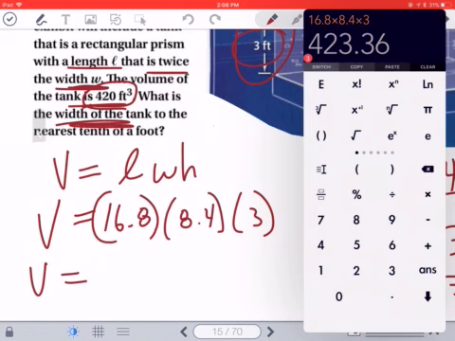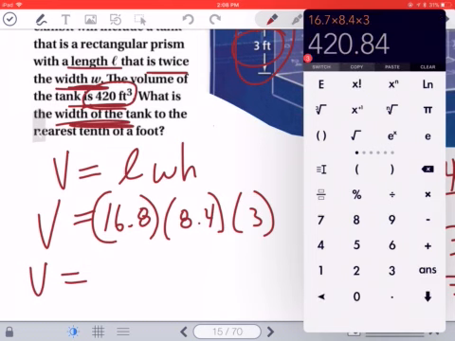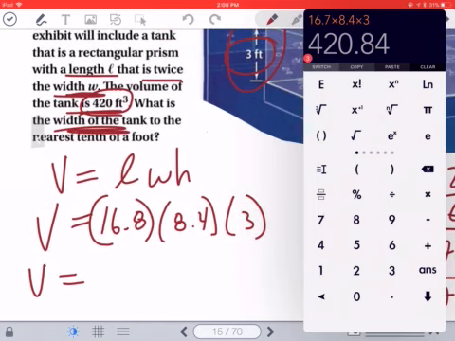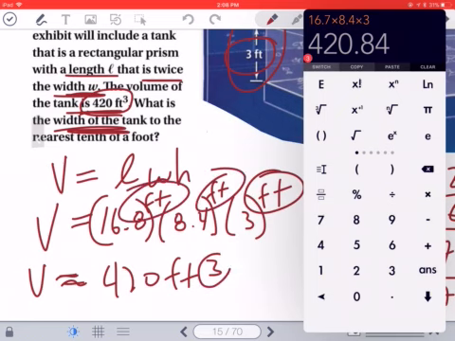I rounded up a little bit, so maybe for one of these, I will round down. I get something really close to 420. So I know that this is going to be approximately 420 feet cubed because these are all feet. When I have feet times feet times feet, that makes 3 of those, so that's why it's cubed.